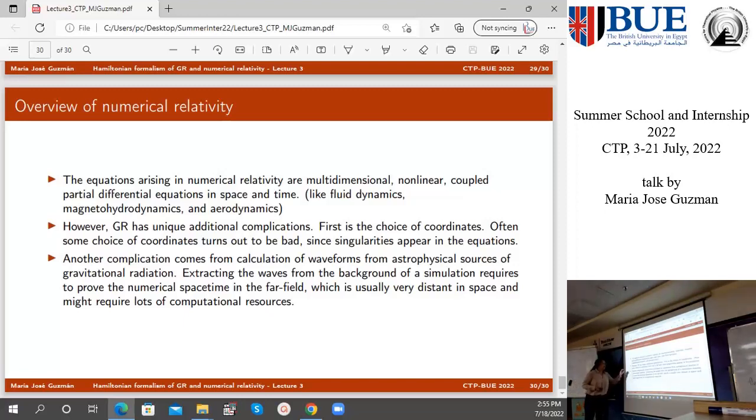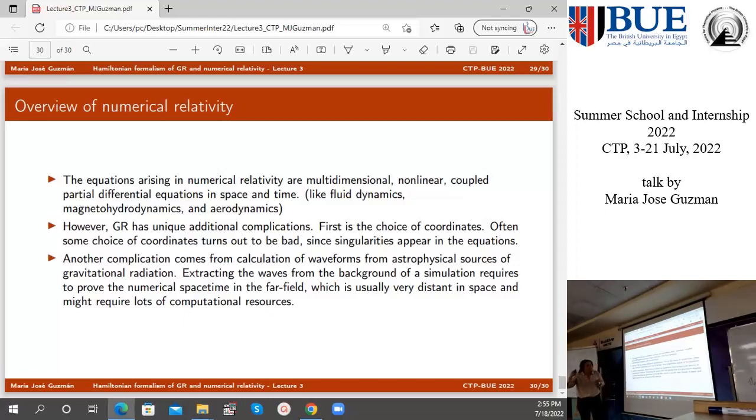Another complication, a little more technical, comes from the waveforms I showed you in the first lecture for predicting the gravitational radiation emitted by colliding black holes. What you get is the evolution of everything, not just the extracted signal.